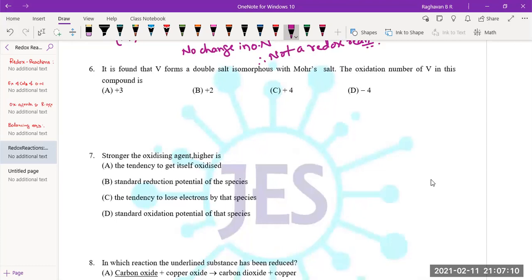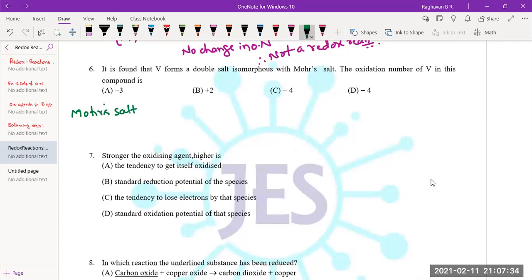It is found that vanadium forms a double salt isomorphous with Mohr salt. The oxidation number of vanadium is, isomorphous means, same as that of Mohr salt. For that, what is Mohr salt? We should know. Then only you can give the answer, right?